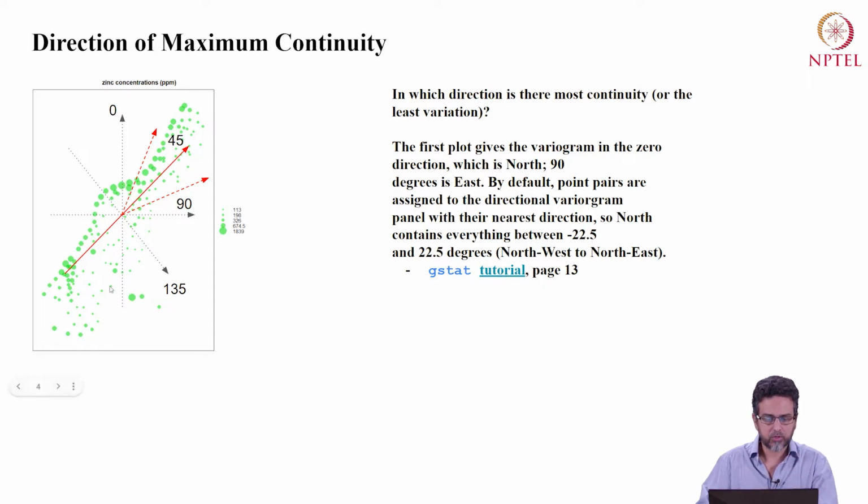So 0 is north, 90 is east, 45 is northeast, and 135 is southeast. And of course, 0 is north, but also south. It's the north-south direction, right? It's this direction. So from 0 to 135 you kind of cover everything, because everything else, like 90, is both 90 and 270, et cetera, right?